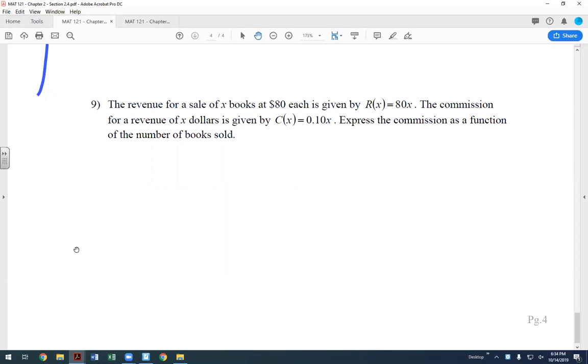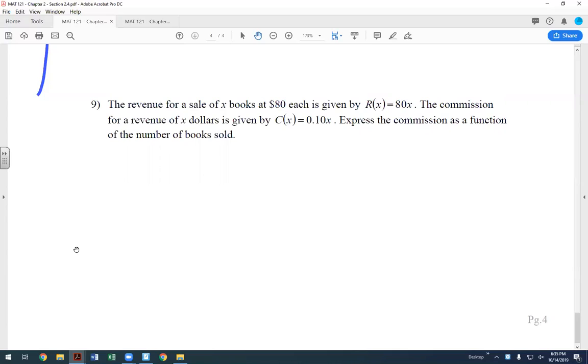They want us to write the commission as a function based on the number of books. Now, how much commission are you earning when the function is 0.10 times x? 10%, right? And that 10% is based on revenue. So are you seeing how that transition is going to happen, that we can write the commission function based on the number of books? $8 a book. $8 a book, so how did you do that?